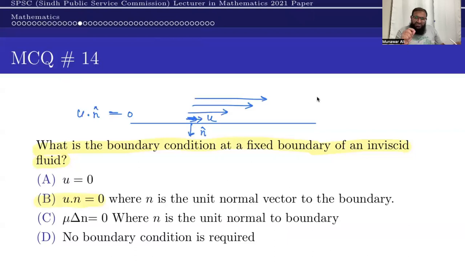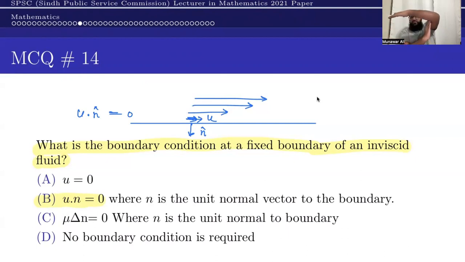This is the boundary condition at a fixed boundary. So you have a boundary, the fluid will not move in this direction, it will always move in this direction, but the normal is in this direction, so they are orthogonal. So u dot n is equal to 0. This is your boundary layer, the fluid is moving here in this way and your normal is this.